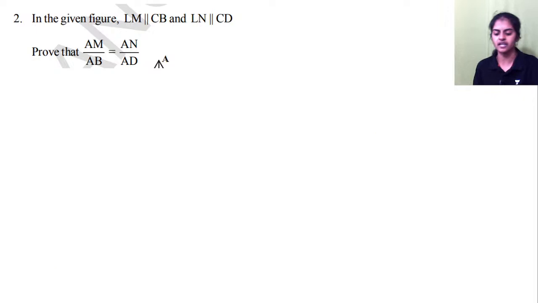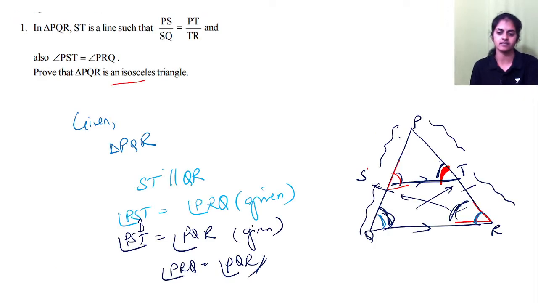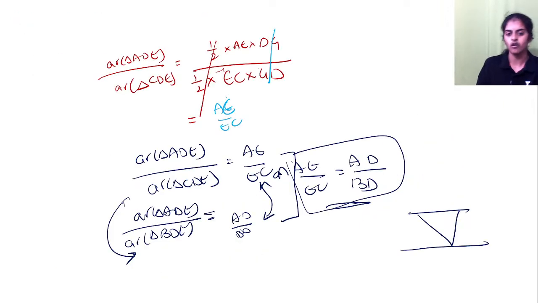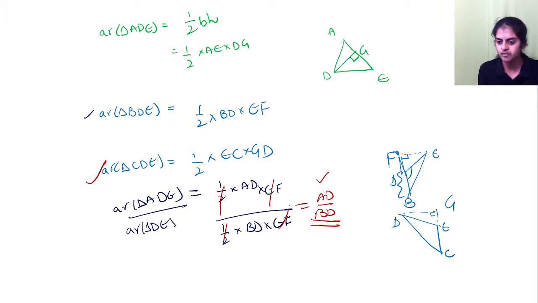As of now, tell me if you have any doubts in this or in the basic proportionality theorem. Page 206. I don't have my textbook with me, so I'll just draw it in the next class. I'm not able to understand where the figure is.